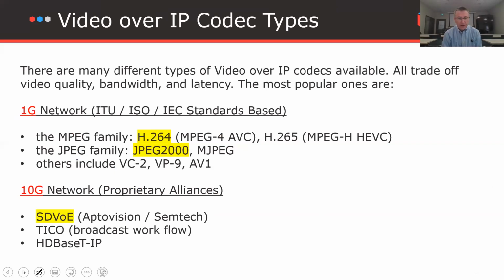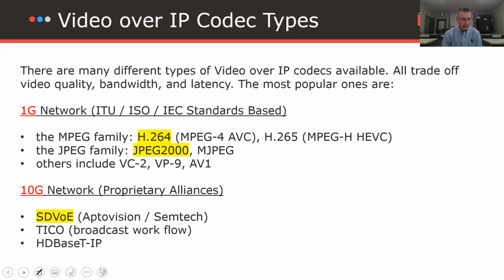Well, luckily, we've narrowed this down a fair bit in the Pro AV space. One thing we're going to talk about a lot is a trade-off between quality, bandwidth, and latency. And that's really determined by your application. I've broken this down into two categories, ones that are designed to sit on a 1 gig network and ones that are designed to sit on a 10 gig network.